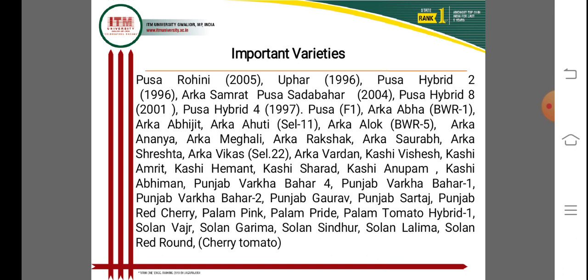And Palam Tomato Hybrid 1. Solan series is from Dr. YS Parmar University, Solan, Himachal Pradesh: Solan Garima, Solan Sridhar and Solan Lalima, and Solan Red Round Cherry tomatoes, a small type of fruit.